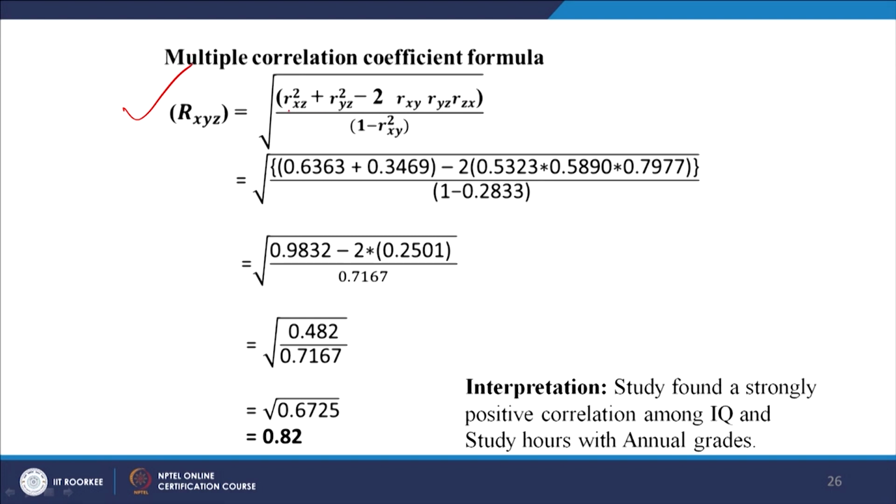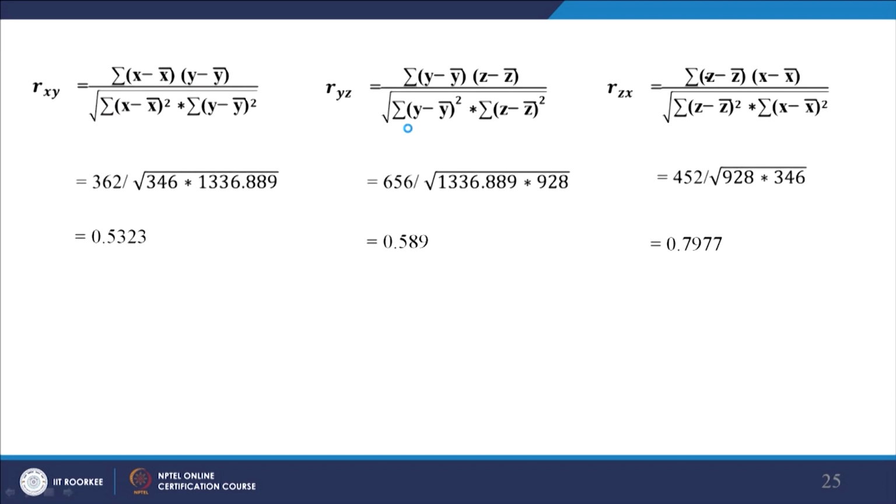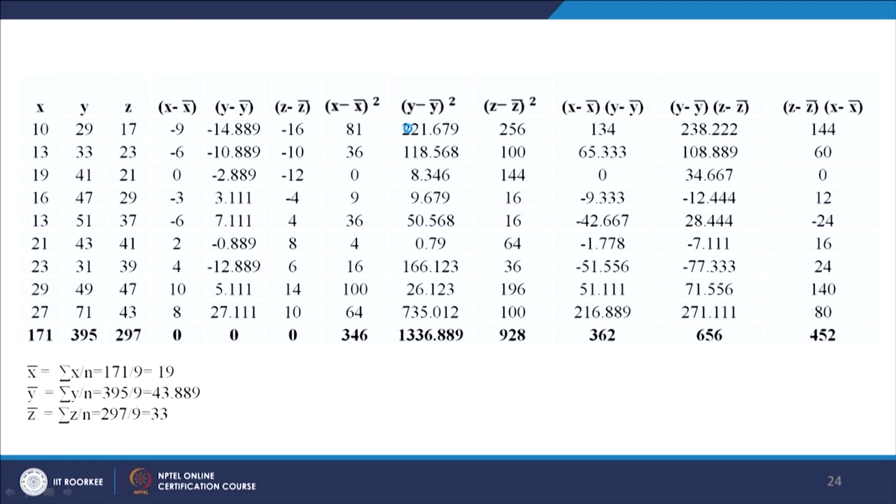This is R square xz plus R square yz minus 2 R xy R yz R zx, all these being the individual relationships between two variables, xy, yz, zx, divided by 1 minus R square xy. Now using this formula, we will come back and see, we have done it earlier also.